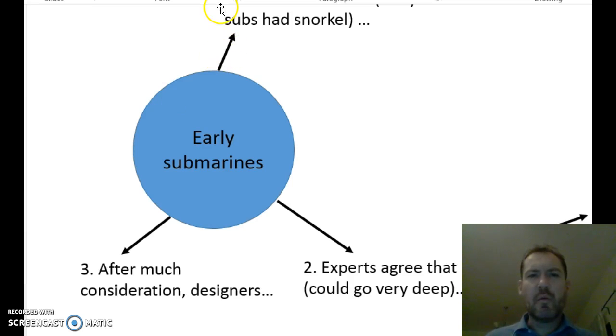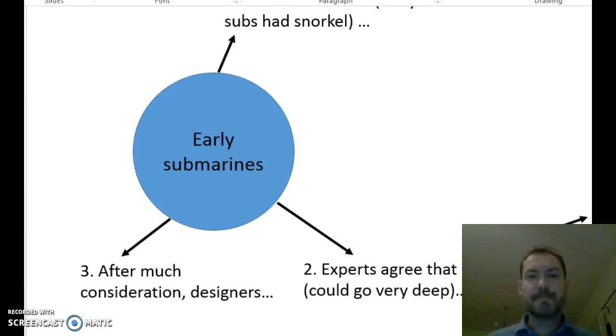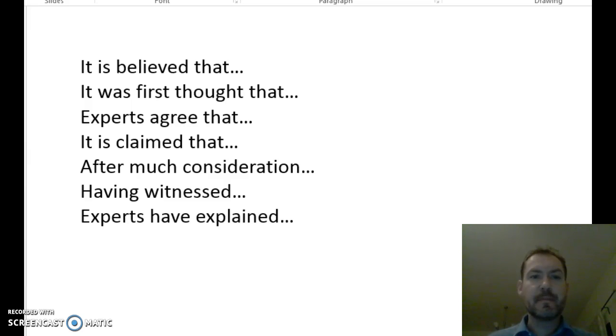So the first sentence I'm going to use is this one here, which is all about subs having a snorkel. And just remember, we can't use words like subs, it has to be submarines. So I might start with a phrase such as, let's see if we can pick a good phrase to use.